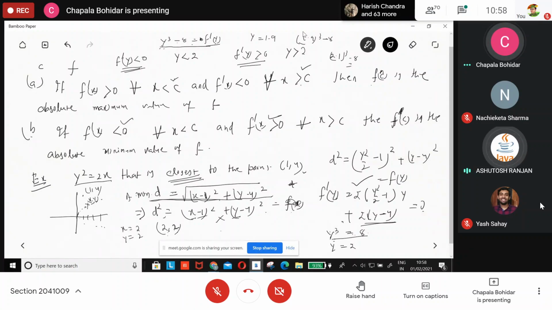Can we do this question with the slope form? If this is the point which is closest to (1, 4), then it should lie on the tangent. Yes, it should lie on the tangent. I have done it by this method and got the same answer.